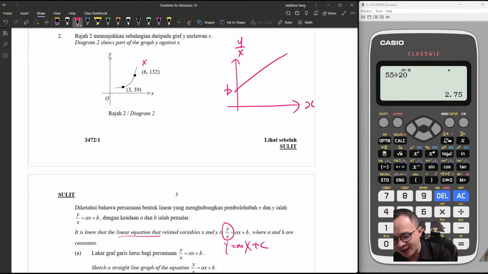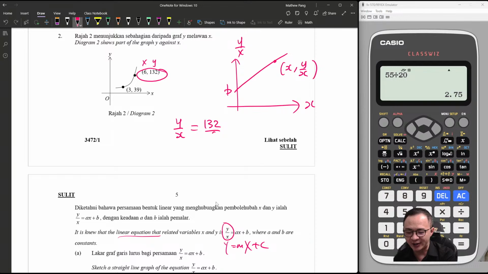This is x, this is y, right? But right now, my coordinate should be x and y over x. So I want to know what happens to my y over x first. For example, this one is 132 divided by 6, right? Type in the calculator, it's 22.